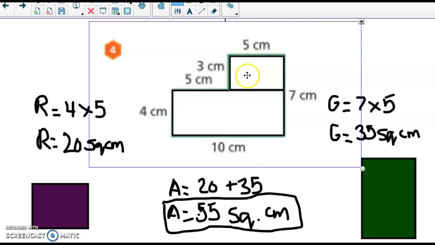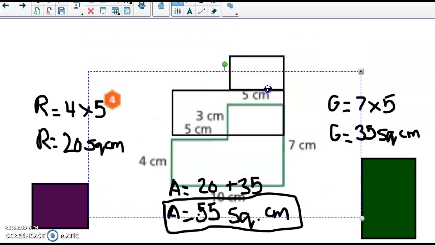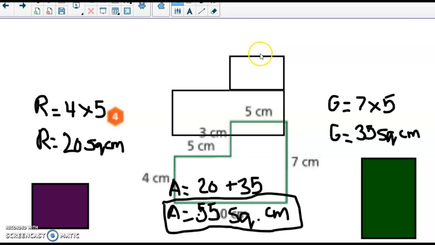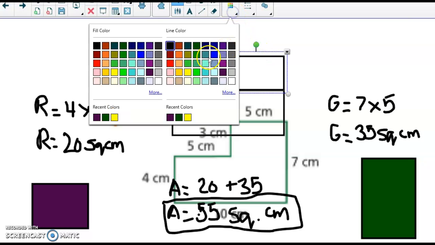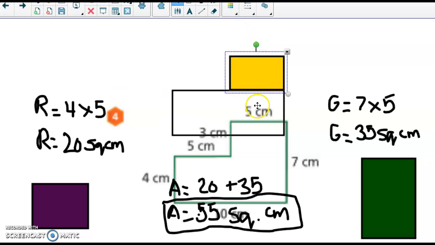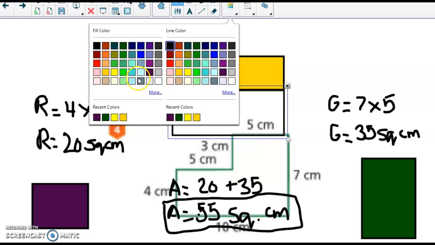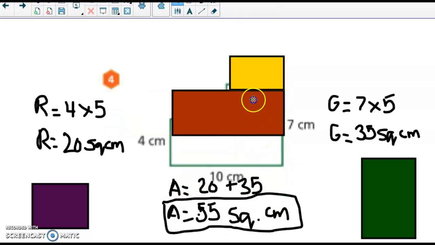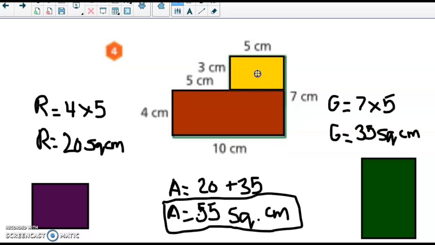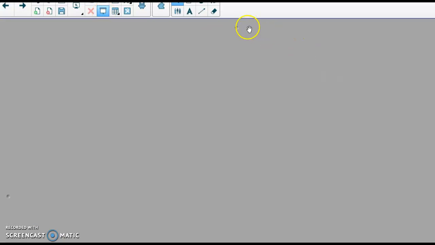Alright, let me fill these rectangles, that way we can see them better. I know this is kind of weird looking, but I wanted to point this out just in case this was a way that you split your rectangle. There we go.